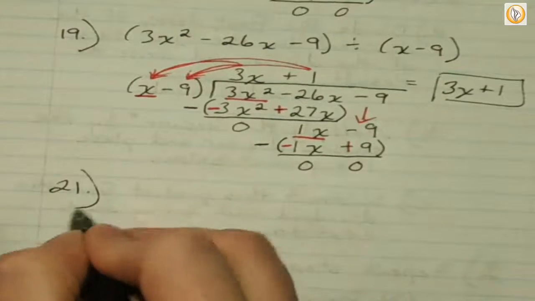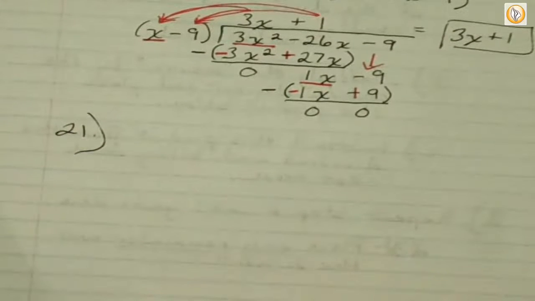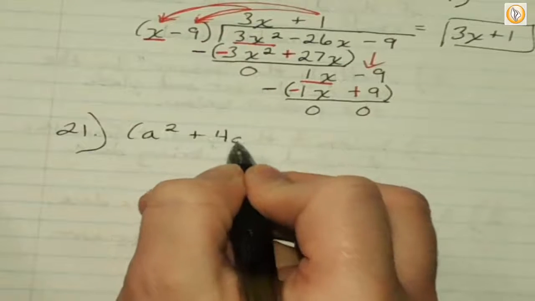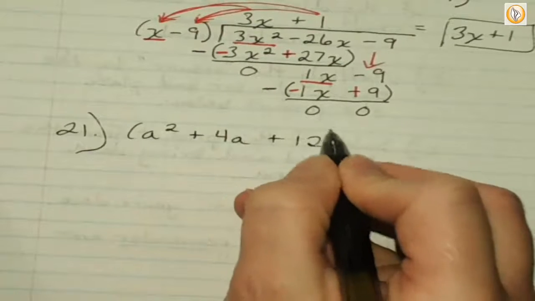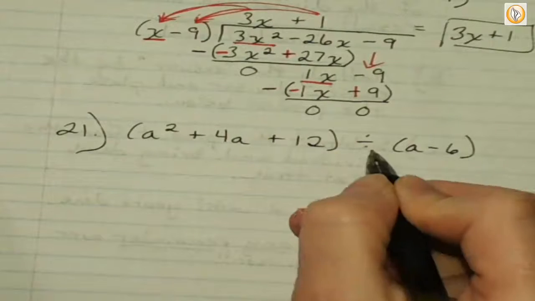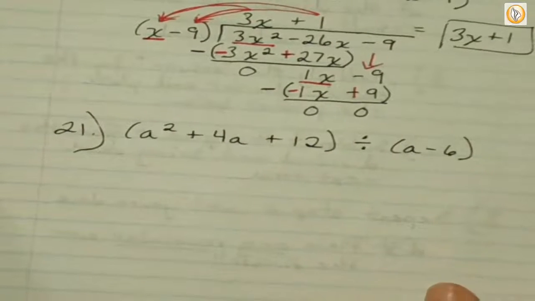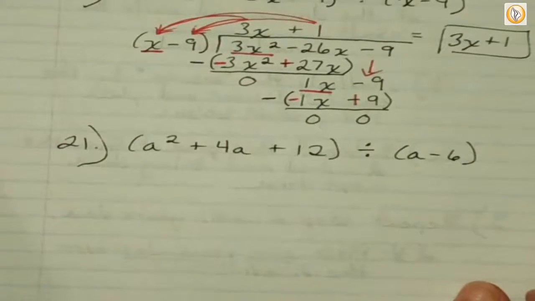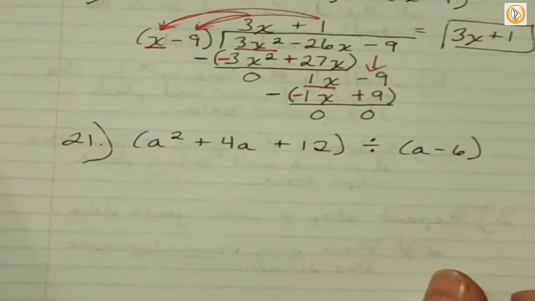All right, 21. We have a squared plus 4a plus 12 divided by a minus 6. Do y'all see that anytime you want to skip a step in this stuff, you probably shouldn't?